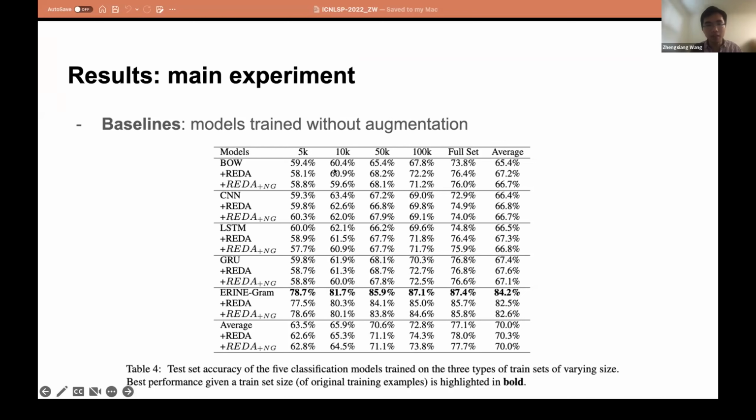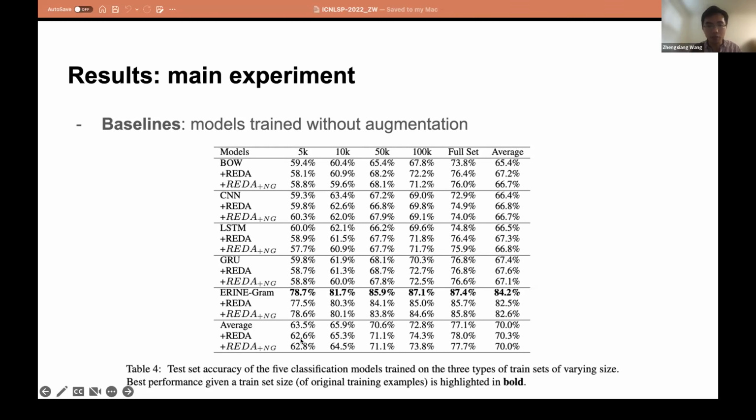And not surprisingly, the best performance is always achieved by the pre-trained model, but still the pattern remains. When the training examples are not sufficient, the best performance is by the baseline model instead of the models trained on augmented text.